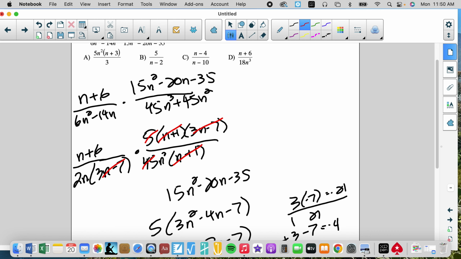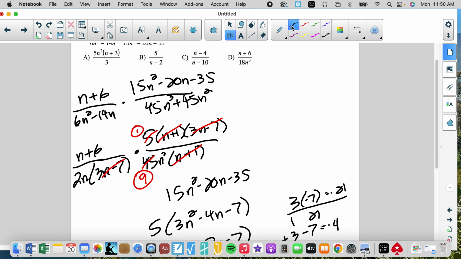5 and 45. 5 goes into 5 once. 5 goes into 45 9 times. That's it. Nothing else. So we're left with n plus 6 in the numerator.